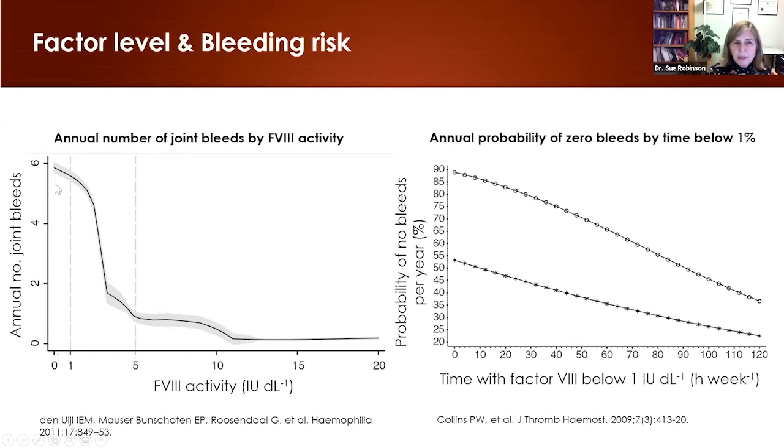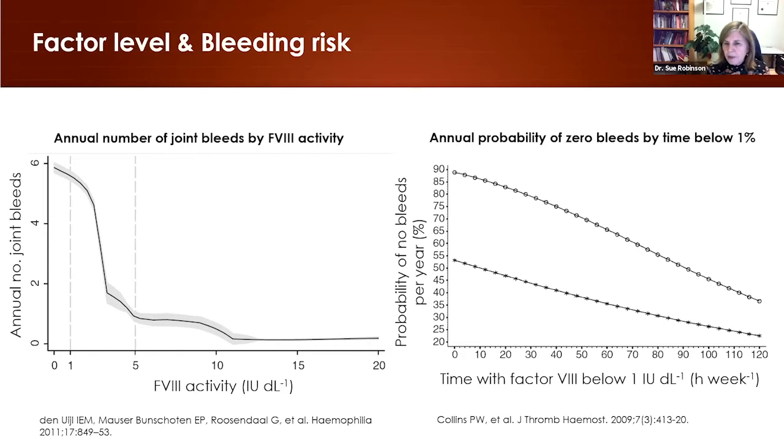And then you can see over 1%, there's quite a drop in the number of joint bleeds annually, and that's in the moderate hemophilia range. And then you can see even some of the milds can have bleeds, and they tend to occur more with the lower levels of factor VIII. And then even out here with very good levels of factor VIII, there is that possibility of a joint bleed.